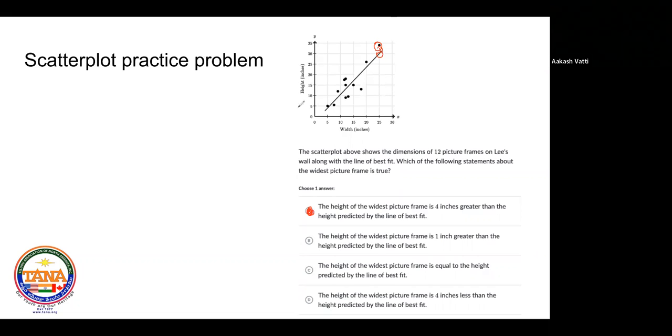Do you guys understand why it's A and not B? B is by far the most chosen incorrect answer. Do you guys understand why it's A and not B? Or should I explain it again?